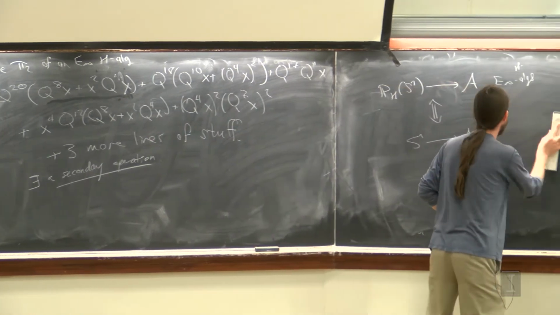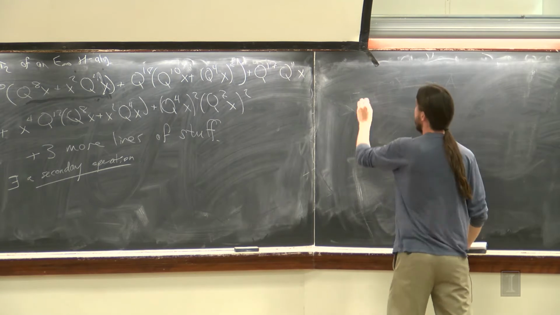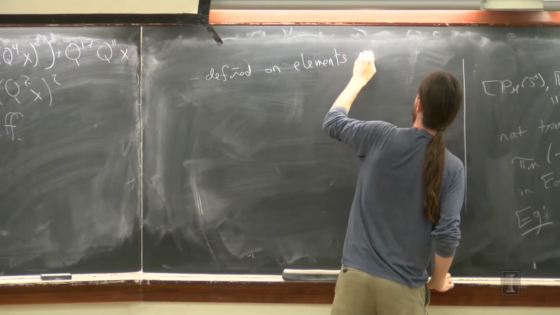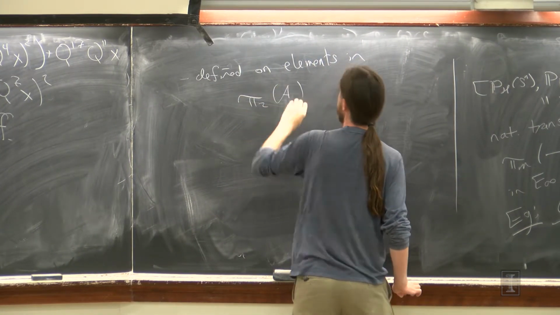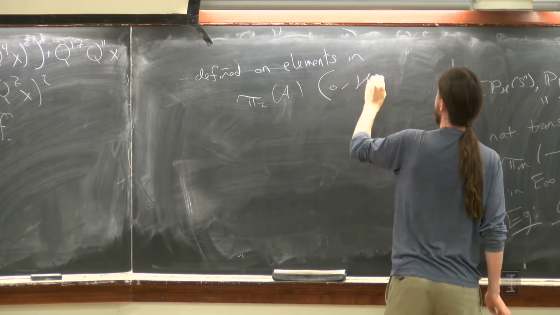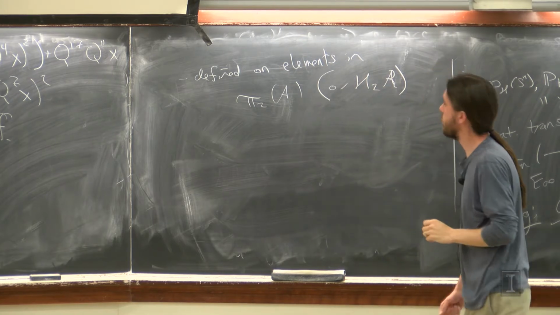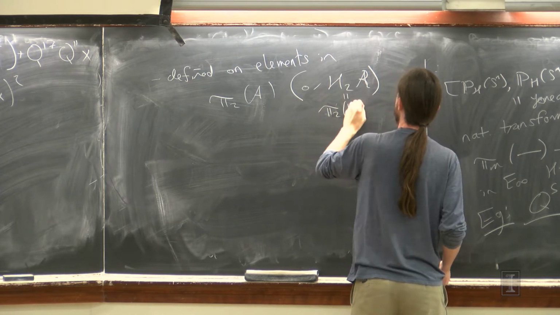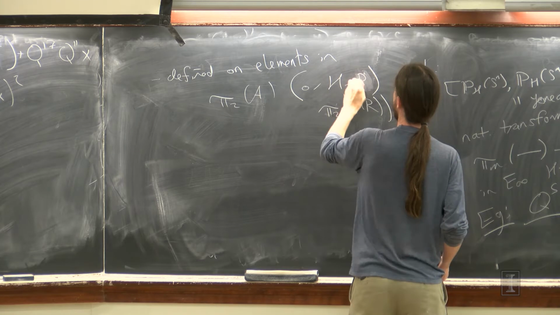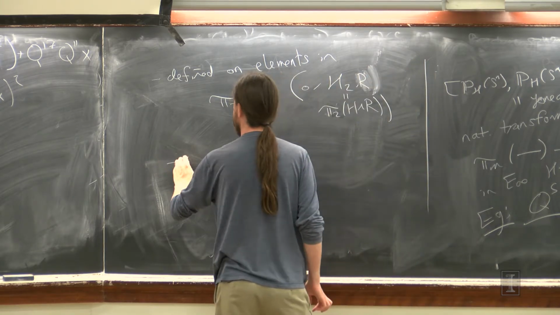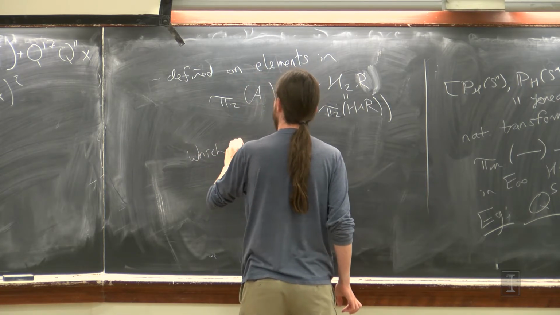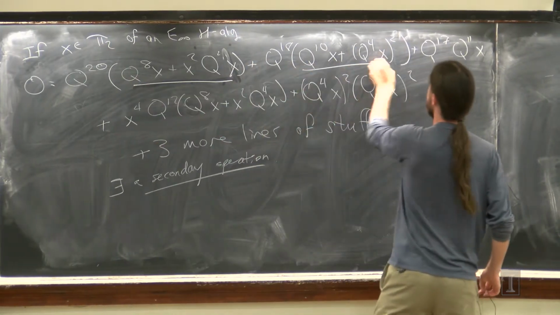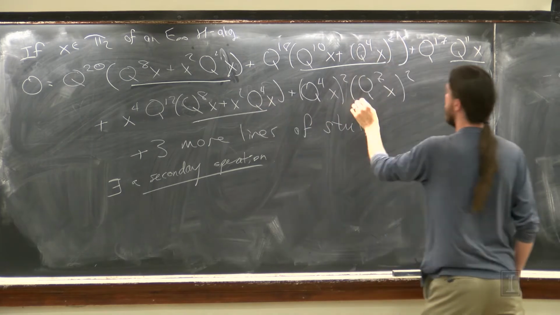Well, let's write down some of the properties of this. So first of all, it's defined on elements in pi 2 of an E infinity H algebra, or instead we could apply it to H2 of an E infinity ring, which is pi 2 of H smashed with R, which satisfy a whole bunch of identities that are forced on us by needing to know this is 0, and that's 0, that's 0, this is 0, this is 0, and so on and so on.